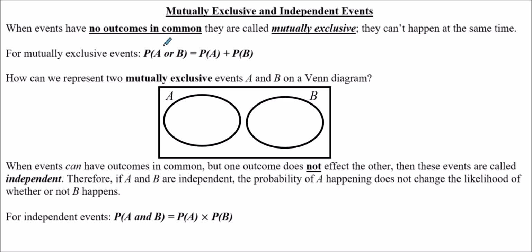Similarly, if the adding relationship doesn't hold, then that's proof that two events are not mutually exclusive. So we need to have in our minds very clearly these two: mutually exclusive, this adding rule; independence, this multiplication rule.